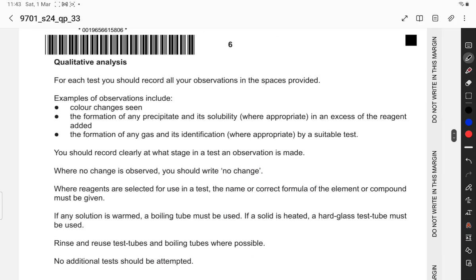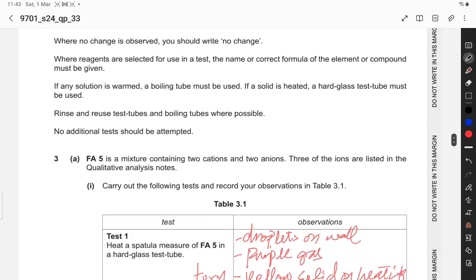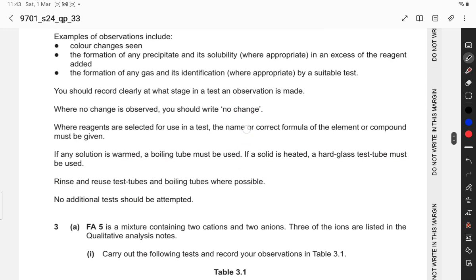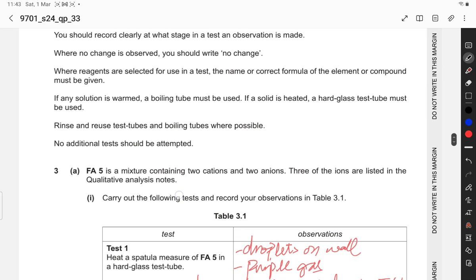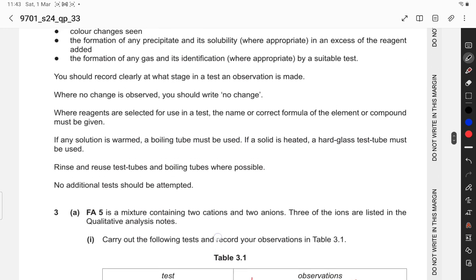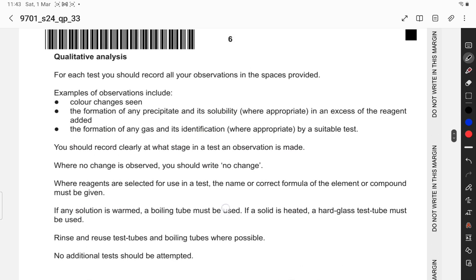So third question, when we perform this question, the observation would be like this. Question number 3 is the qualitative analysis question, and for this question, for each test you should record all your observations in the spaces provided.